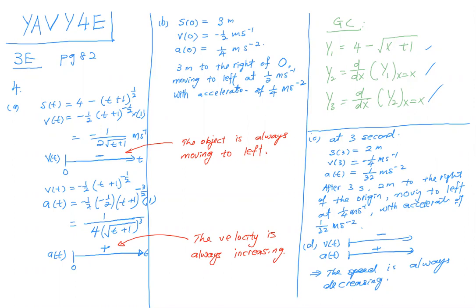So it never stops. So if I ask you to find the total distance traveled, it's quite easy, correct? Now I want to put an extra question for this. I go to the next page.